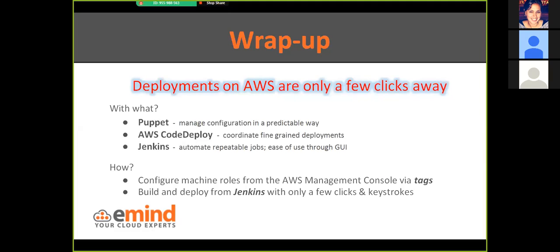And what the customer needs to do after handing over this solution to him is just play with the machine tags, configure them through the tags from the console, and then trigger the build and the deploy jobs from Jenkins with only a few clicks and keystrokes.